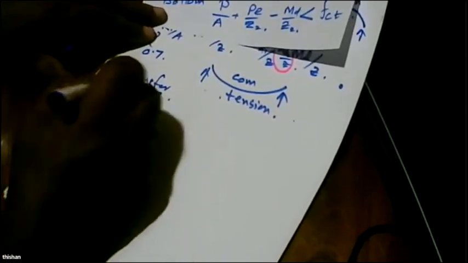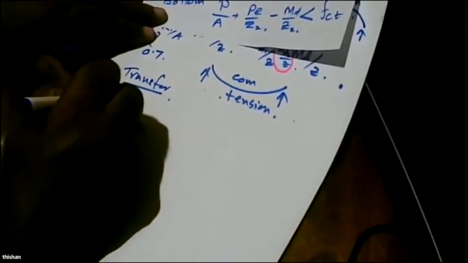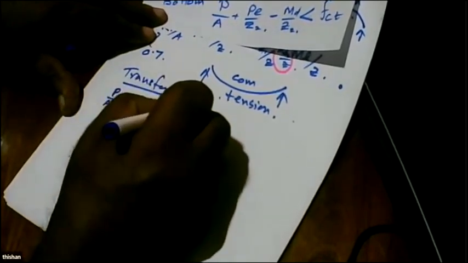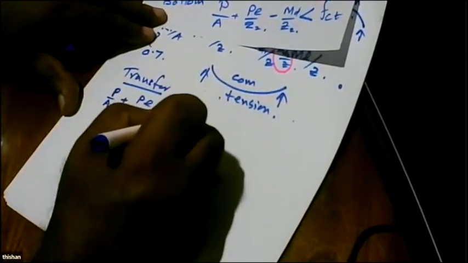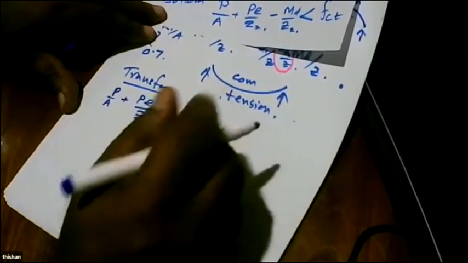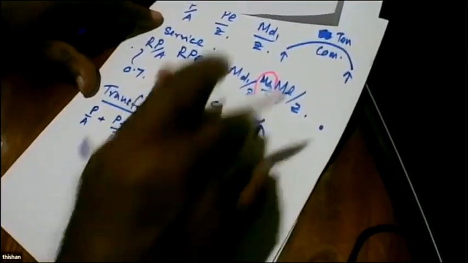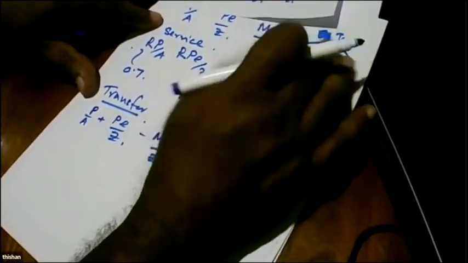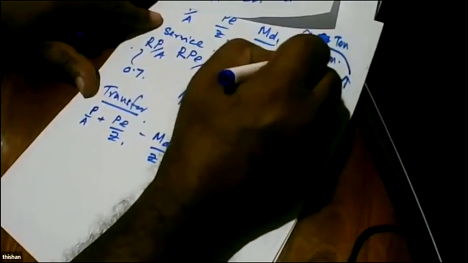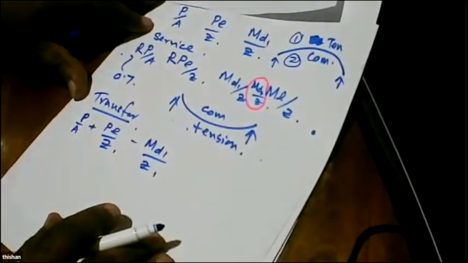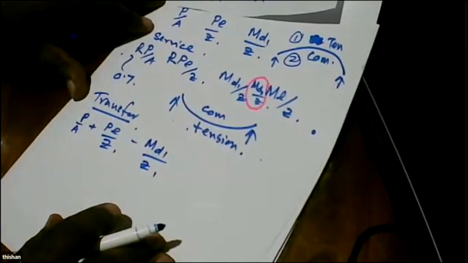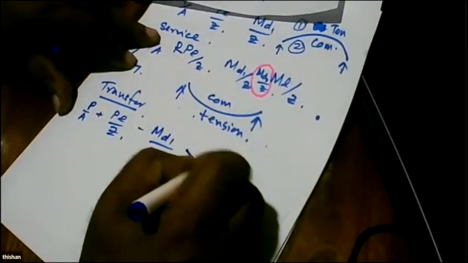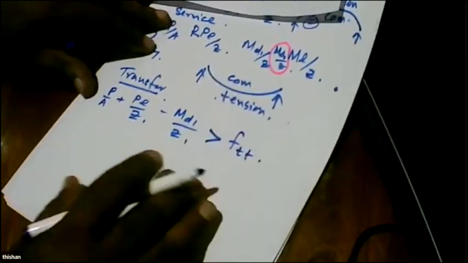Now we can write two sets of equations. At transfer: P over A plus P e over Z1 minus MD1 over Z1. This is the top fiber. One is top fiber, two is bottom fiber. And it's going to fail in tension, so it should be greater than the tensile stress at transfer.